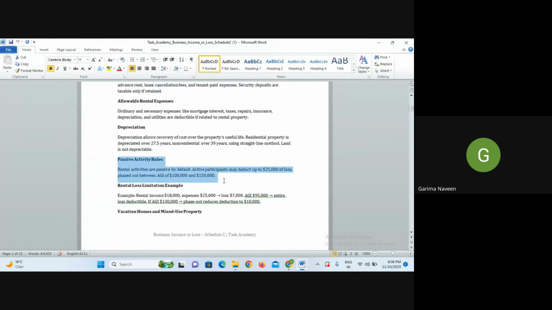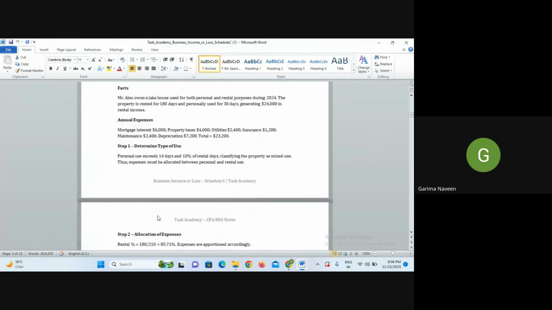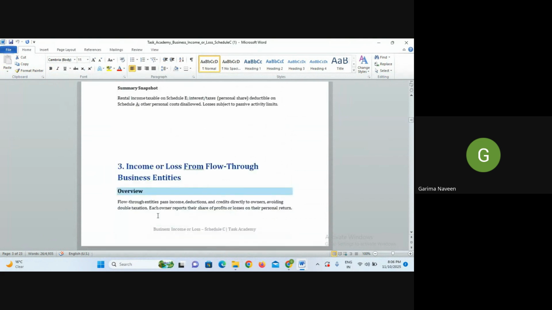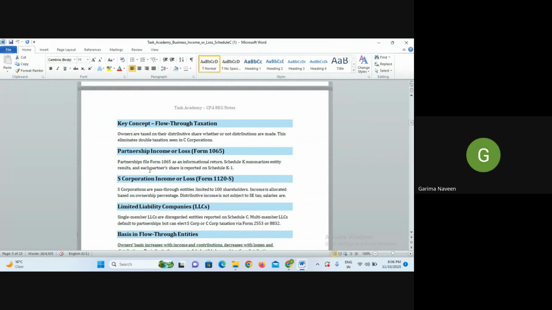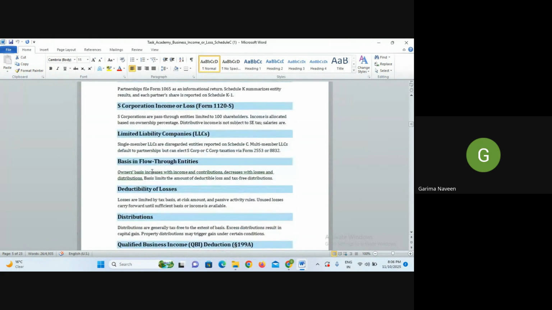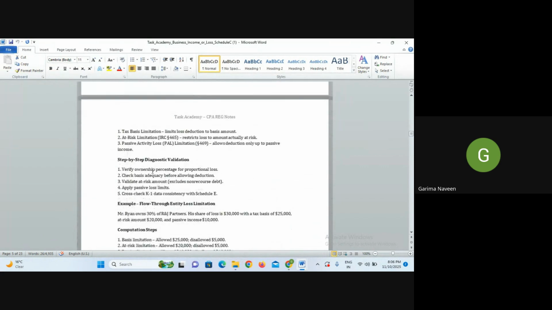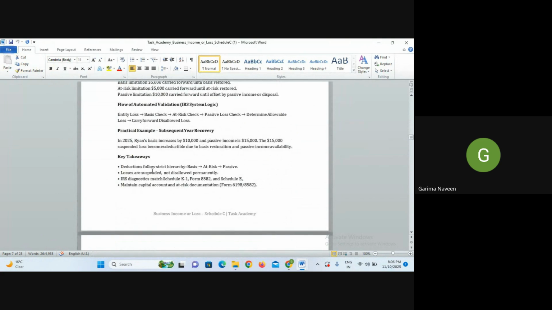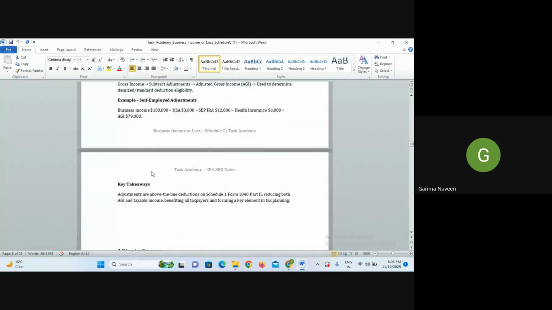passive activity rules. Then we discussed flow through entities. How are the flow through entities' income and losses reported in an individual 1040, and their loss limitations also, the tax basis limitation, at risk basis, and passive activity rules also.